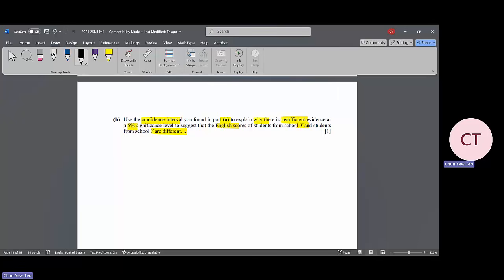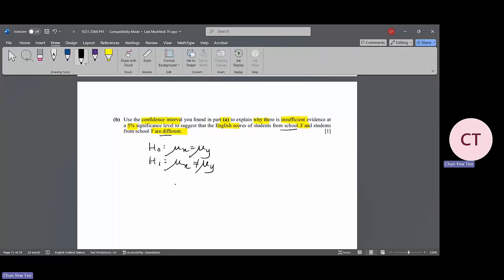Over here, we just need to write down that mu X equals mu Y: the English score for school X and school Y is supposed to be the same. This is the null hypothesis, versus the alternative that there is a difference between the scores in school X and school Y.